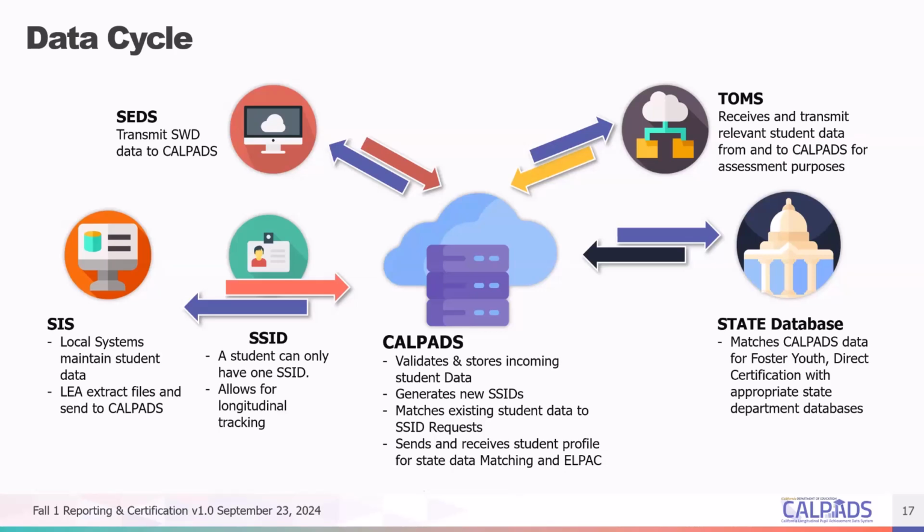TOMS determines that, or TOMS provides us with the ELPAC results. And then CALPADS interfaces directly with state databases via foster youth matching, direct certification. They're working currently on finding a way to get an automated process to identify migrant ed students.